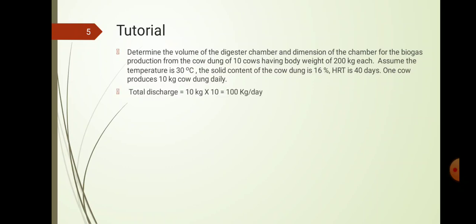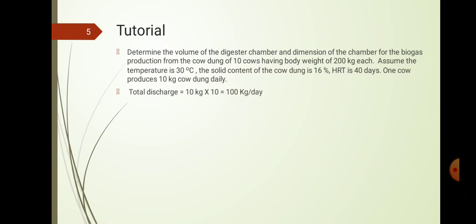So what will be the total discharge per day? Total discharge per day is 10 kilogram into 10, that is 100 kilogram per day. One cow produces 10 kilogram, that means 10 cows produce 100 kilogram.